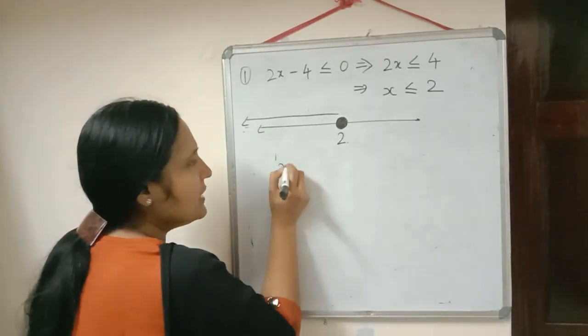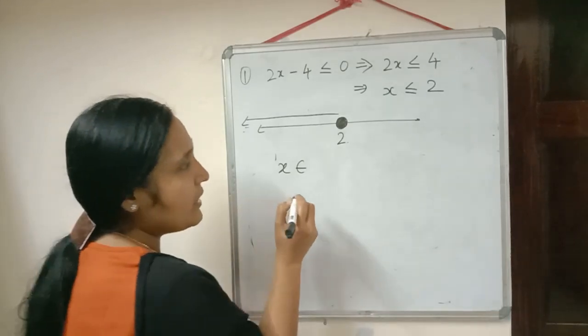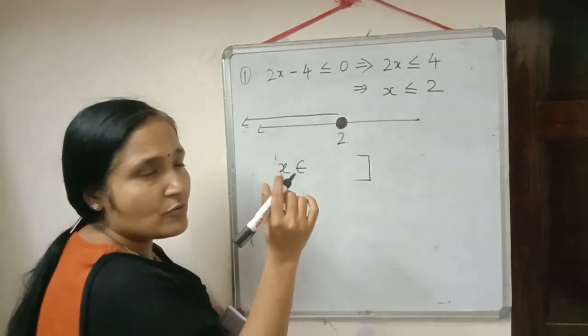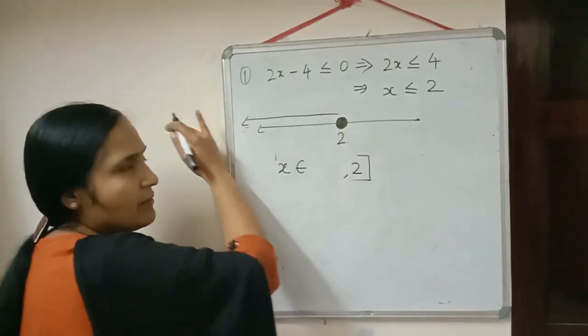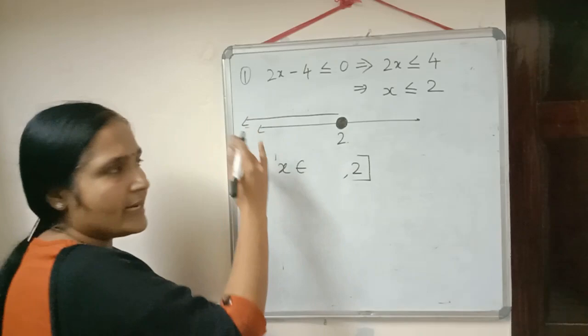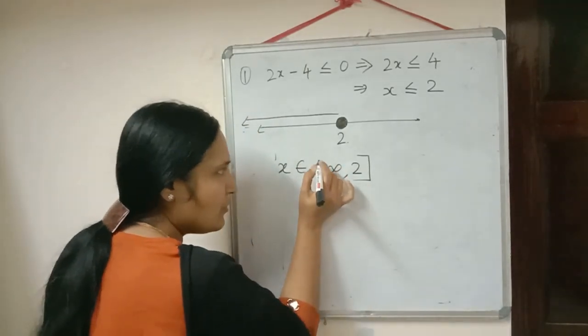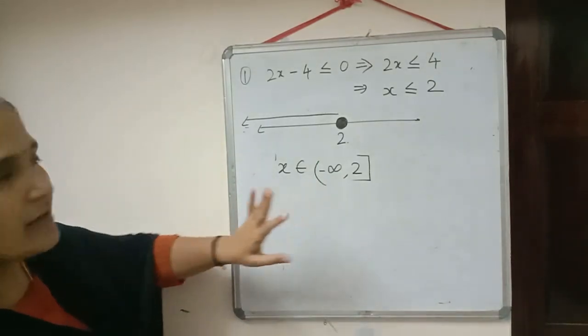Now we will write down the interval. A real solution only we have to write. So x belongs to, yes, 2. We are taking the value 2 also, then it will be equal to closed bracket. Where we are moving? We are moving to negative side. So it will be equal to minus infinity. And you know infinity is always open. So this is the real solution.